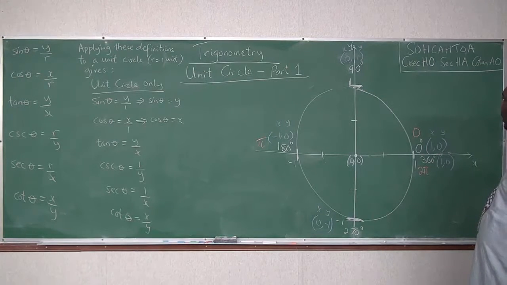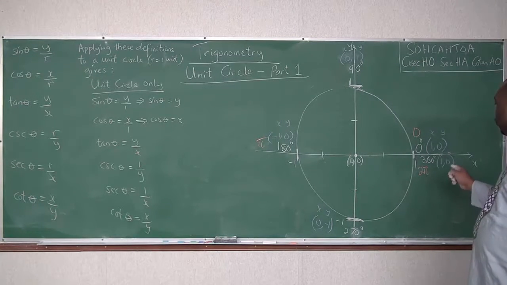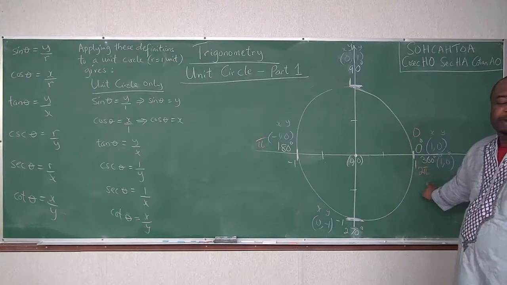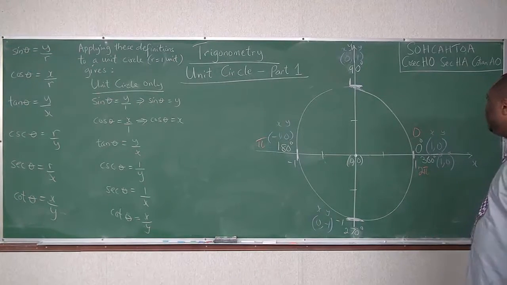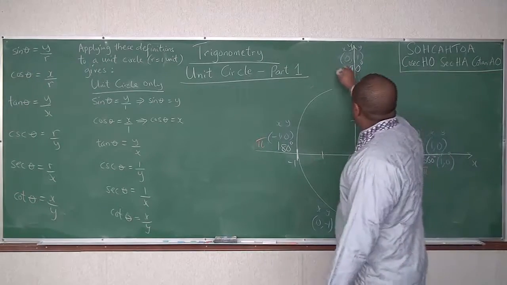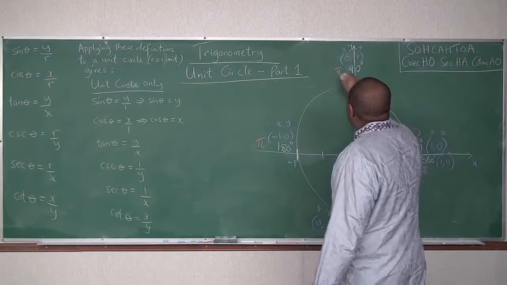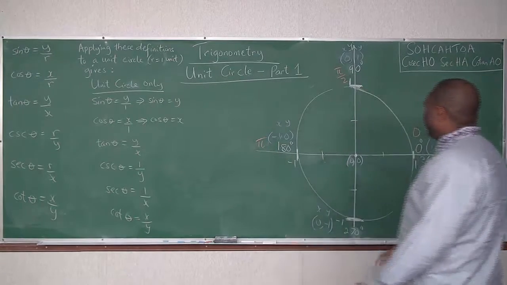Then one quarter of the revolution is 90 degrees, or pi over 2. That's 1 over 4 times 2 pi, which is pi over 2, right?